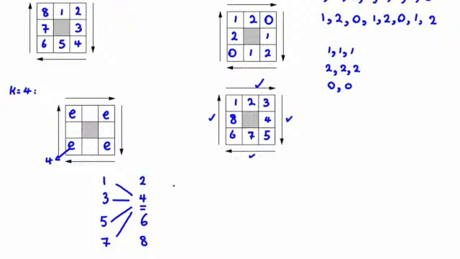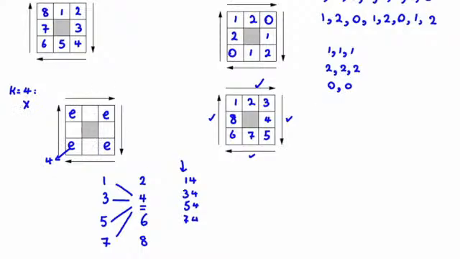Because a number is multiple of 4 if the last 2 digits are multiple of 4. You should use an even digit here. But the even digits were used in these corners. Okay, so 4 is bad.